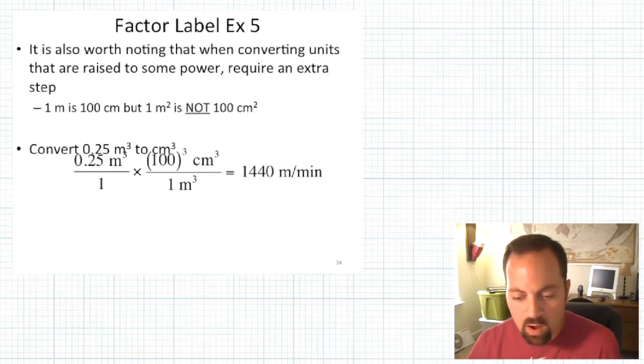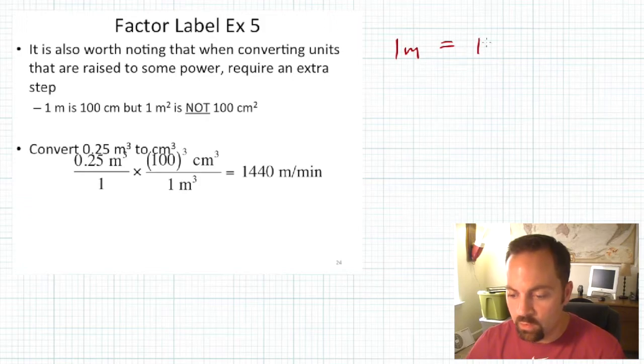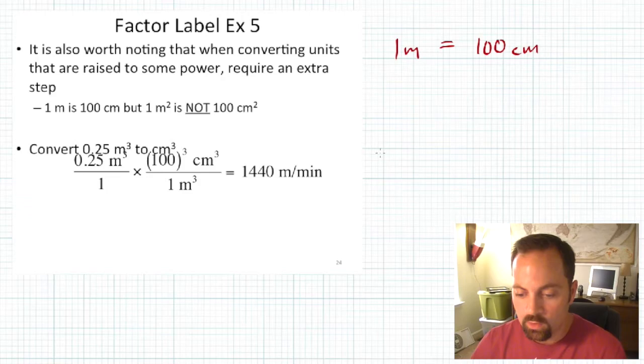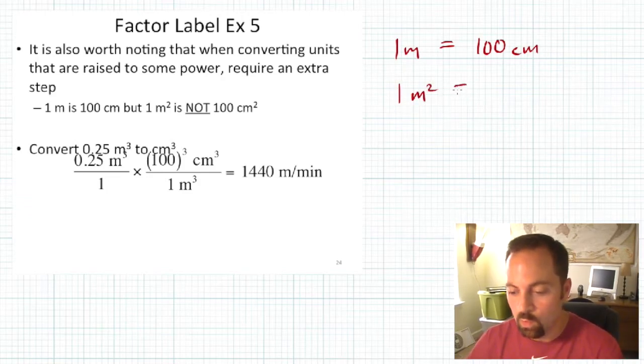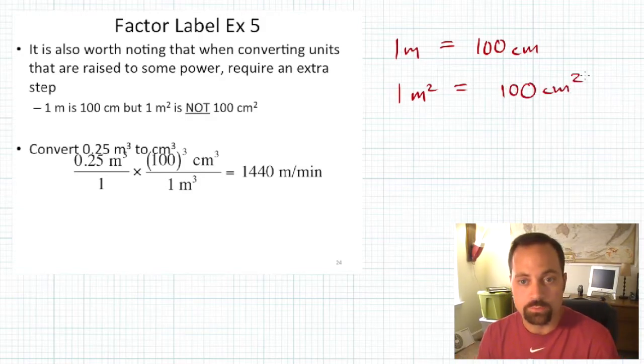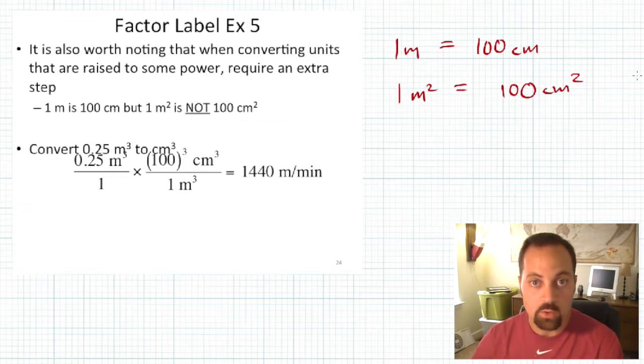We've got exponents involved here. It is true that 1 meter equals 100 centimeters, okay? But it is not true that 1 meter squared equals 100 centimeters squared. That's not true. What we need to do is not only square the units, but also square the coefficient out front.